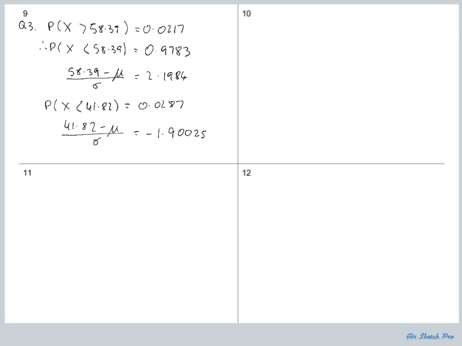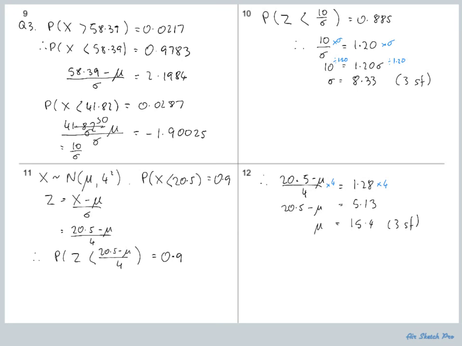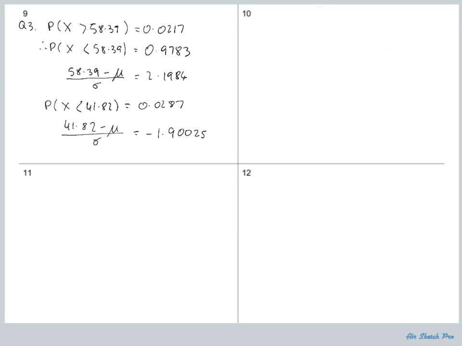So I'm now going to type in equation 1 here. So from equation 1, I'm going to type in, oops, got to put it in brackets. Sorry. I'm sorry you can't see this, but I'm going to go bracket 58.39 minus.